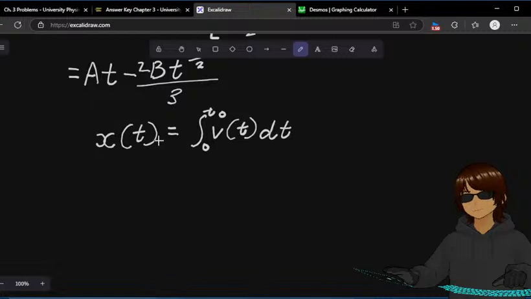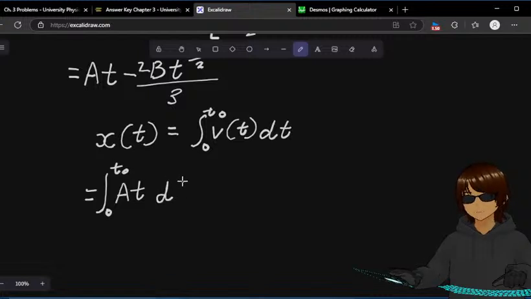So we have, let's just do this, dt minus, we will bring 2 over 3 outside.